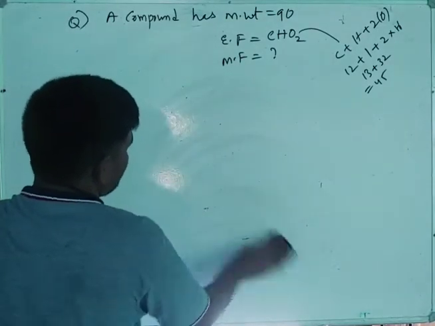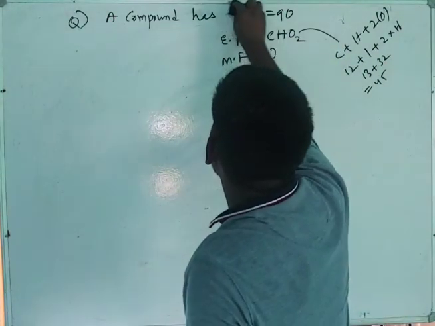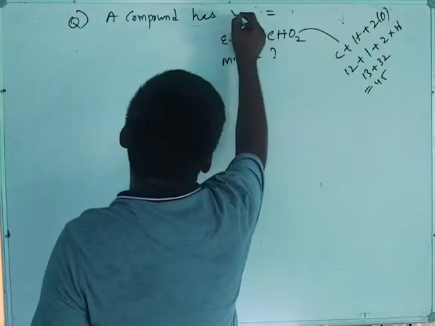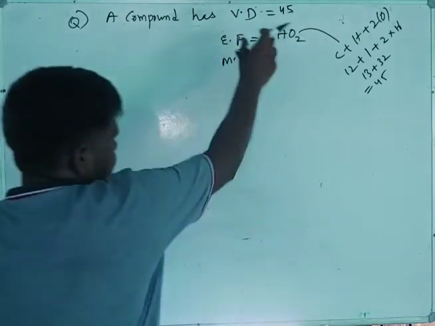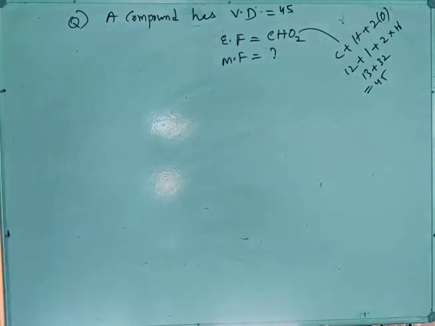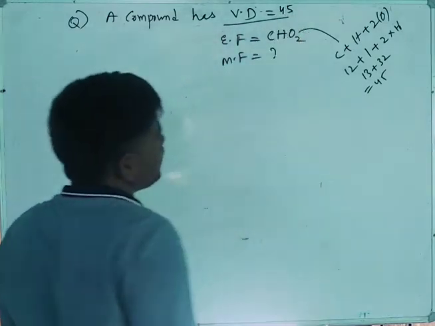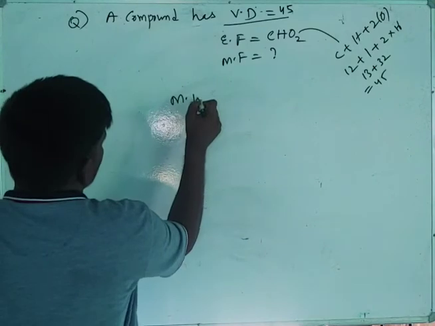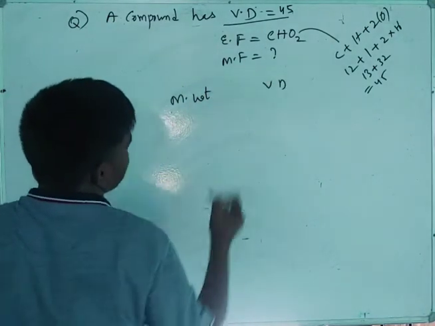So now a compound has vapor density 45 and empirical formula CHO2. Then find the molecular formula. So now guys, you see here vapor density is given. There is a formula between molecular weight and vapor density.